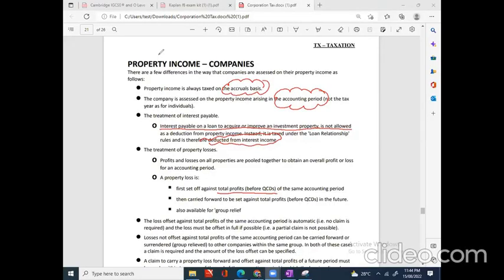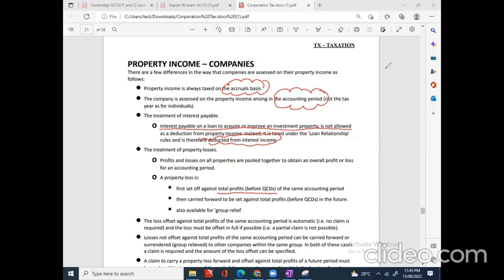The last difference is the loss treatment. If you remember, in individual, how we used to set off the property losses, it was very simple. For an individual, that property loss can only be adjusted from property income.